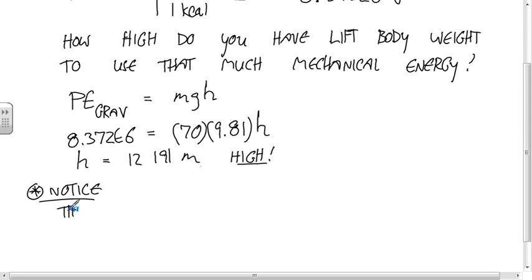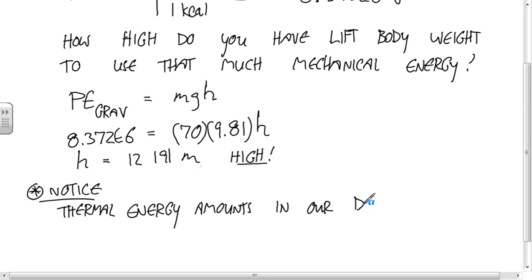So thermal energy amounts in our daily experience are big compared to other forms of energy.